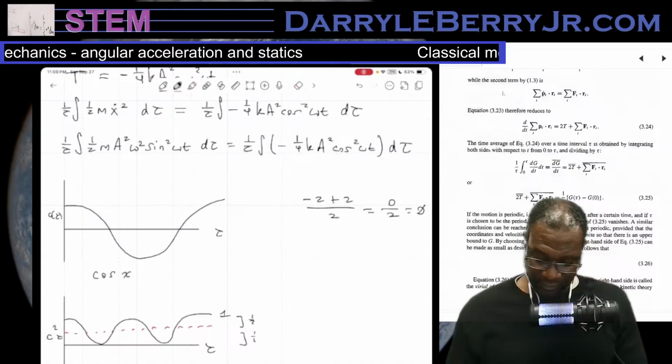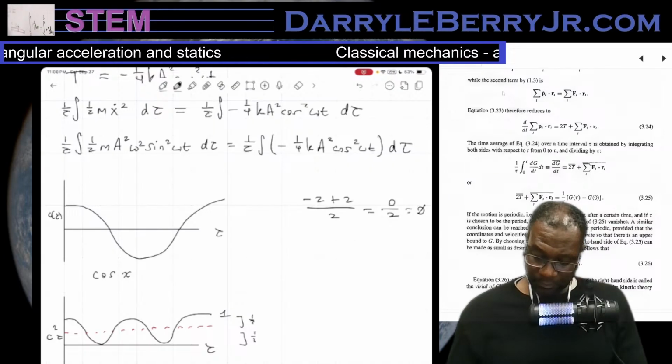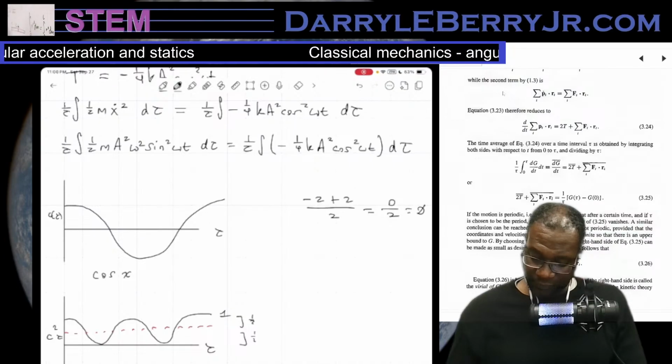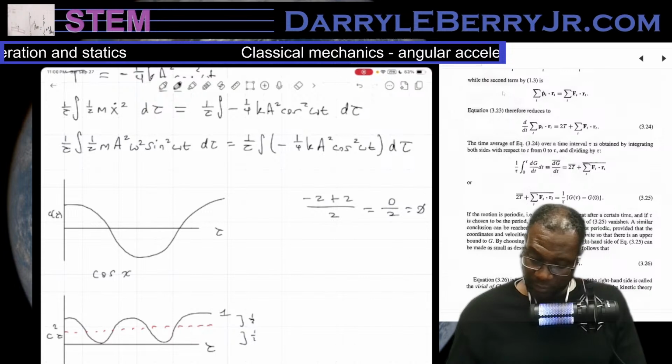We have 1/2 m a squared omega squared integral 1 over tau sine squared omega t d tau equals, so we have negative 1/4 a squared integral 1 over tau cosine squared omega t d tau.